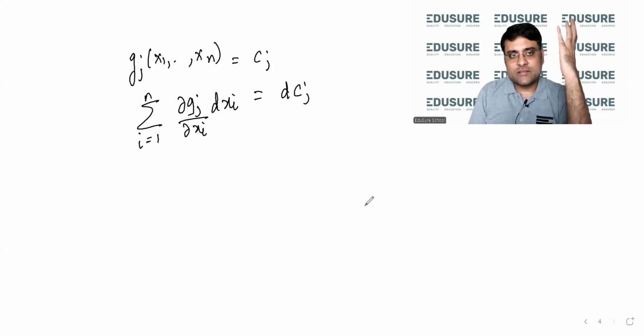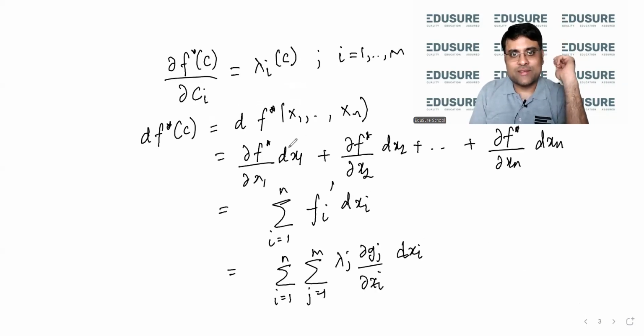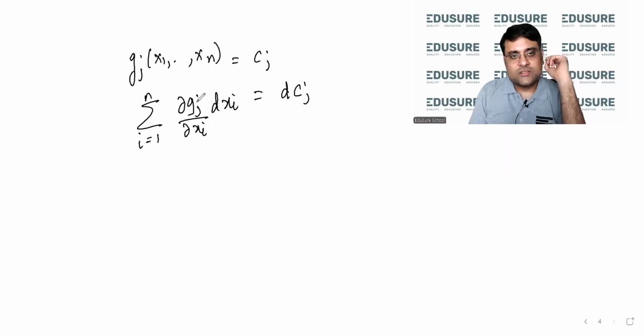So ultimately, it's nothing but the summation. This is very similar to what we had here. This entire thing can be written as a summation, so this is what I'll get. So del Gj del xi dxi is equal to dCj.